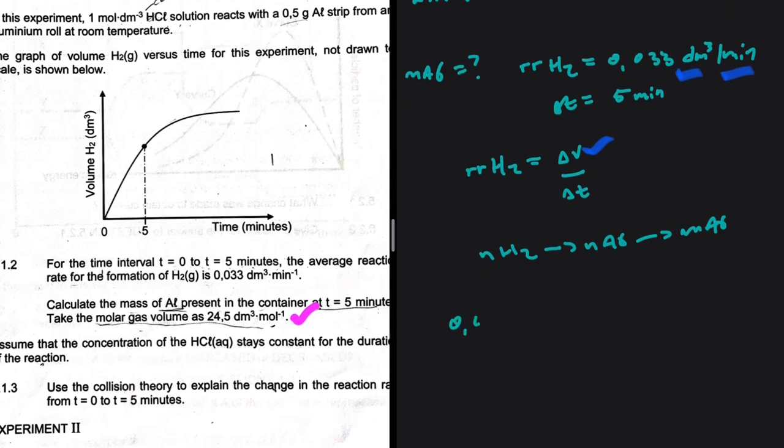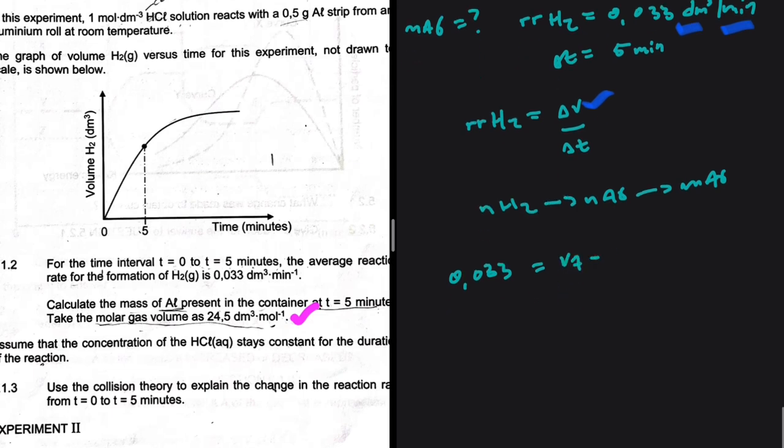The rate of reaction is 0.033. This equals volume final minus volume initial, but the initial volume is 0. So we just have VF minus VI. VF for the volume, not the velocity.